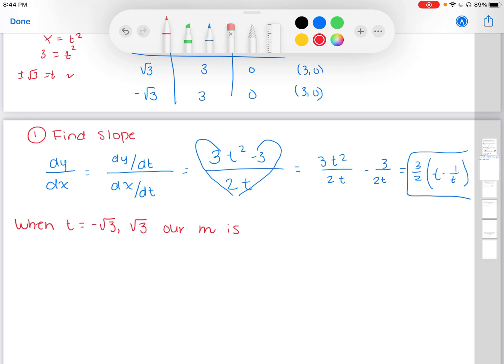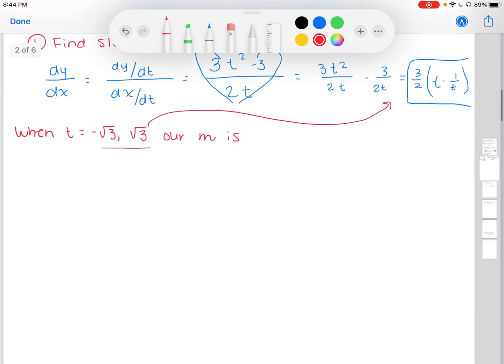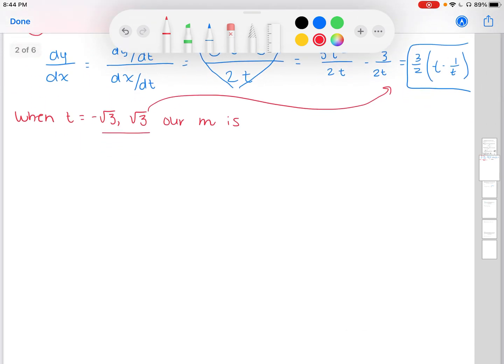Now we can use that to find our slope. So we're just going to go ahead and plug in negative square root of 3 and square root of 3 into our new equation for our slope. So that we have our slope would be 3 over 2, I plug in square root of 3 minus 1 over square root of 3.